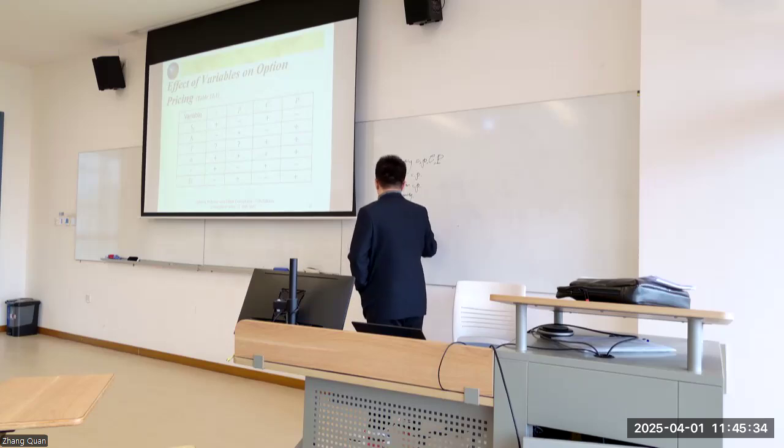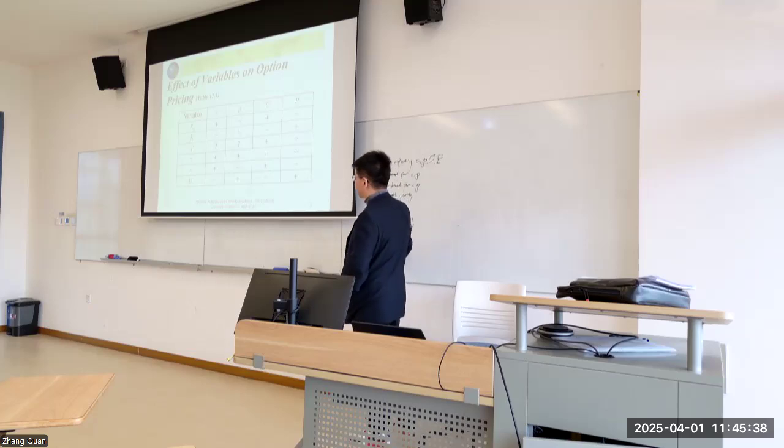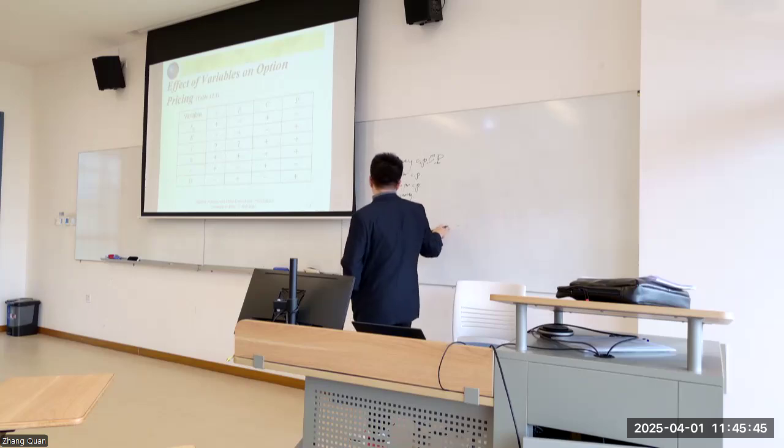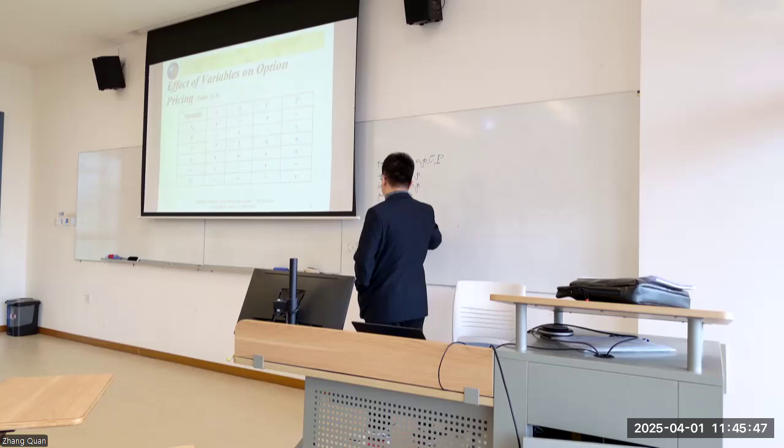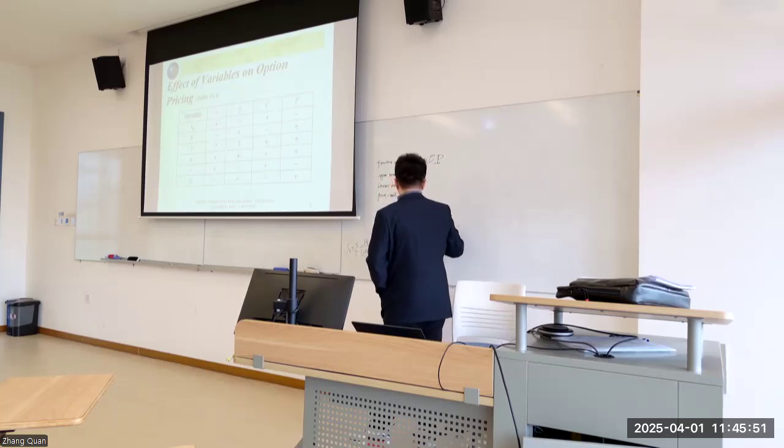So it should be intuitive that the stock price is lower. And we know that if the stock price is higher, the call price is higher, and if lower, then lower. So with the dividend here, the stock price is lower, so your conclusion should be like this.